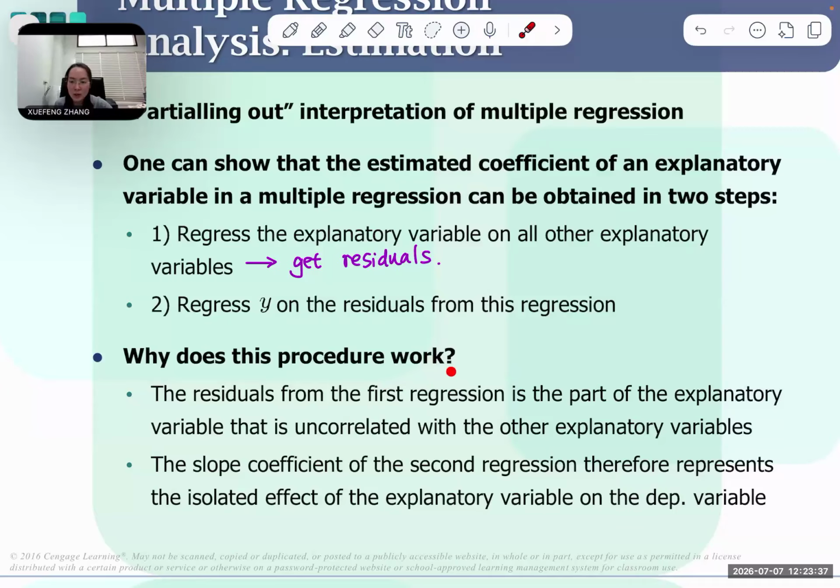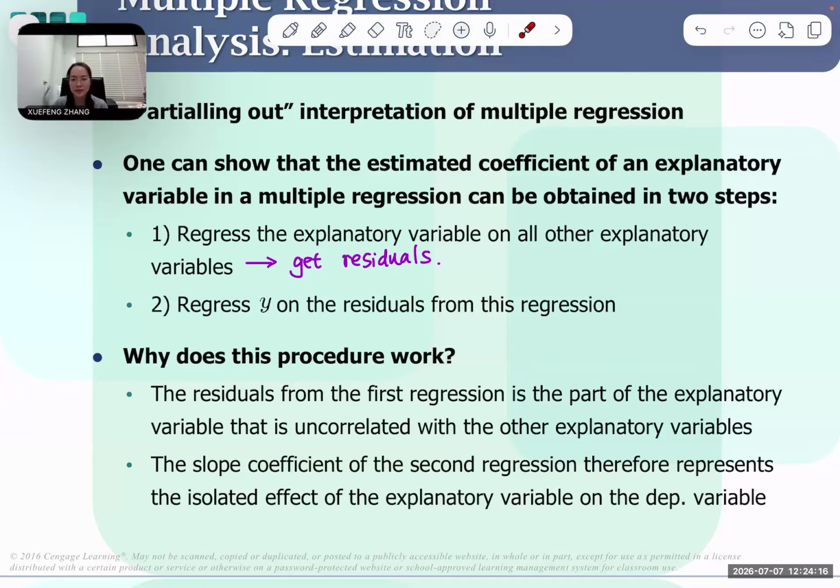We've already scrubbed out any overlap with x2, x3, etc. What's left is pure x1, cleaned of any correlation with the other explanatory variables. So when we regress y on this cleaned-up version in step 2, the resulting slope can only reflect x1's own effect on y. There's no leftover contamination from the other x because we already removed it.